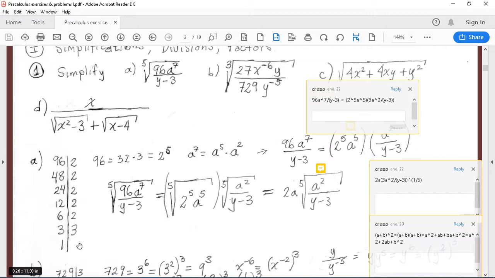So the factors of 96 are 2 times 2 times 2 times 2 times 2 times 3. It is 2 to the fifth, which is 32, times 3. So that means that 96 equals 32 times 3, which is 2 to the 5 times 3.